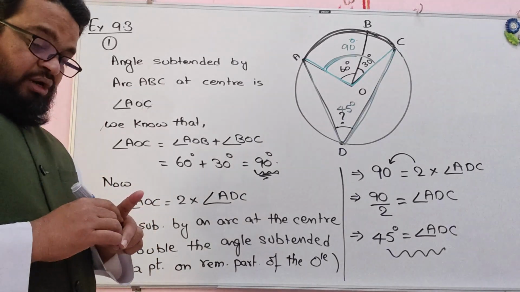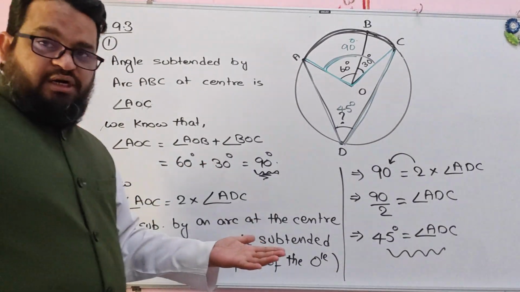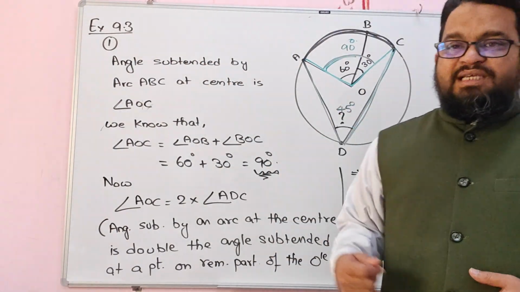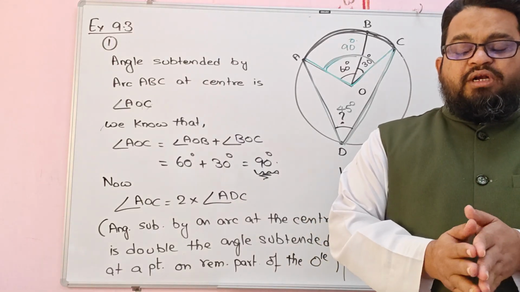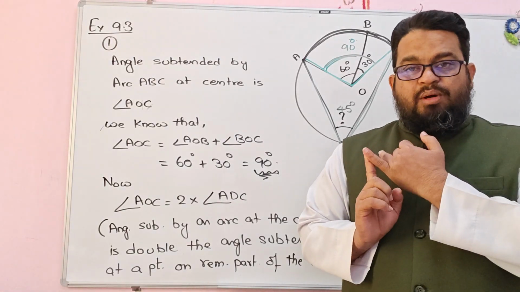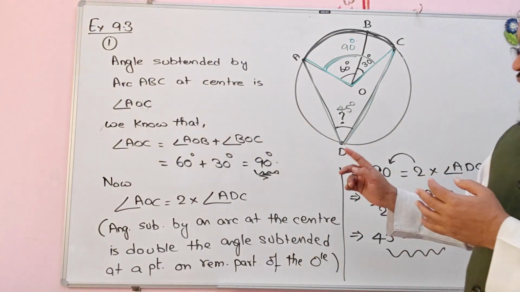Understood? Please try to remember the theorems you have studied, draw the figures by yourself and check whether the figure you have drawn is correct or not. By this you will understand which concept to apply and how to do it easily.